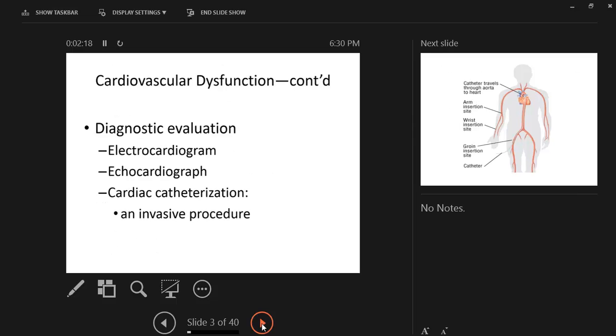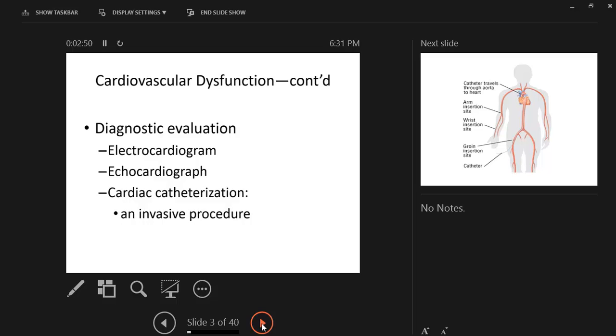For diagnostic evaluation, we may do what is simply an X-ray to look at the heart. I didn't include that here in this list, but that's one of the first things that might be done, and that will show information on the heart, the size, the configuration. You can look at not only the heart, but any changes in pulmonary structure.